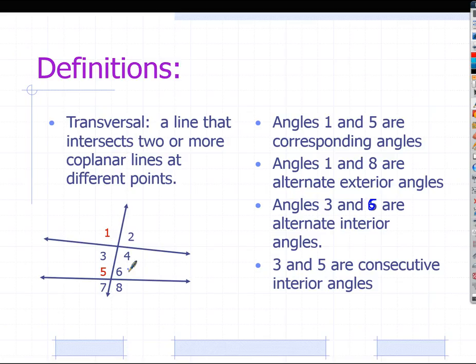Consecutive. Okay, consecutive because they're on the same side, and interior, so what does interior mean? Yeah, between the two lines, okay? So interior is between, so then 4 and 5 I would describe as what? Alternate interior. 2 and 7 would be alternate exterior.